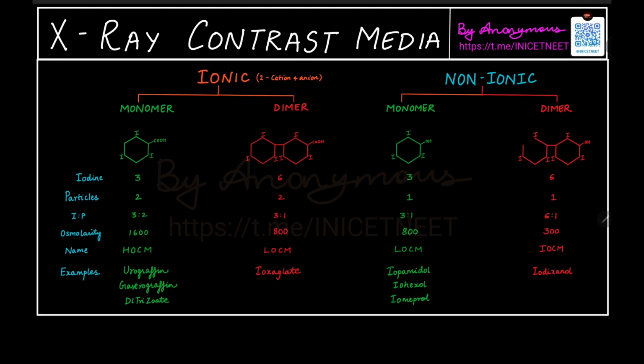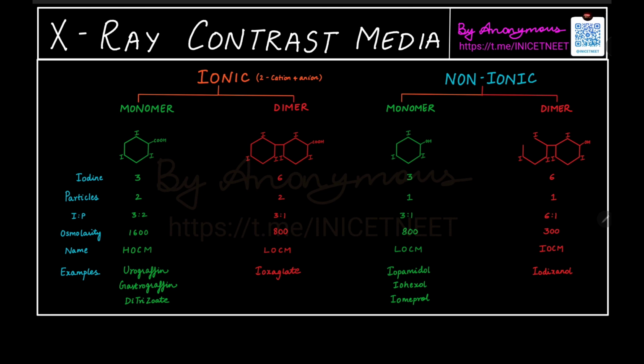Obviously, for ionic compounds, since they produce two particles, the osmolality will be much higher. Therefore, ionic monomers are also called HOCM, high osmolar contrast media. The ionic dimers, as well as non-ionic monomers, have an osmolarity of around 600 to 800. They are also called low osmolar contrast media.